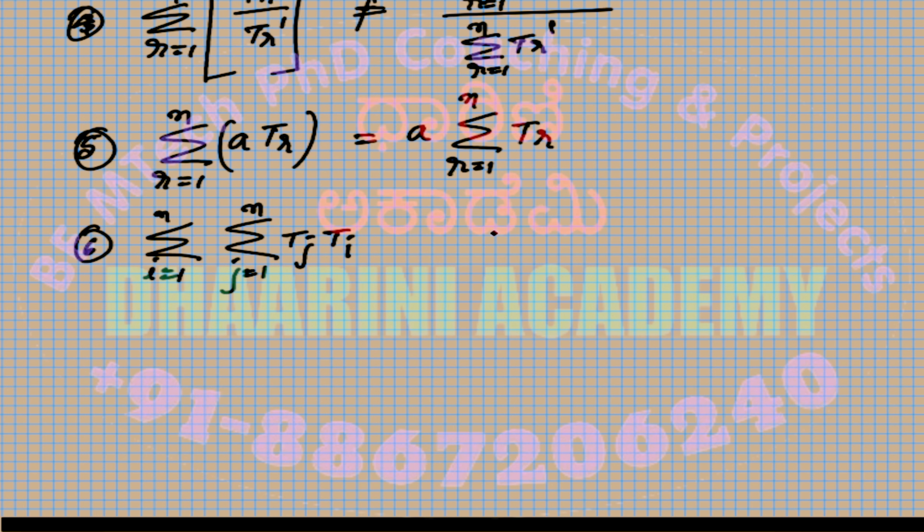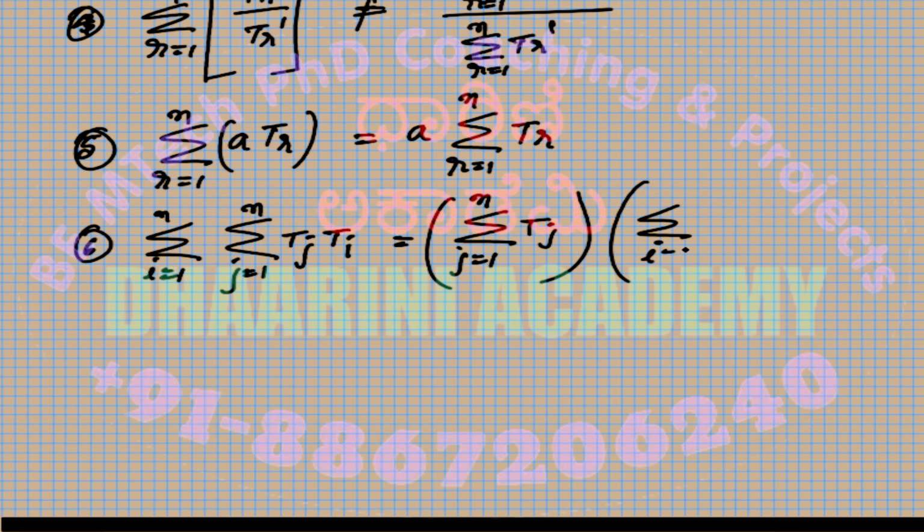This actually can be replaced by summation j is equal to 1 to n tj, the first summation, into the second summation, that is i is equal to 1 to n ti. You can definitely write like this because i and j are completely independent.